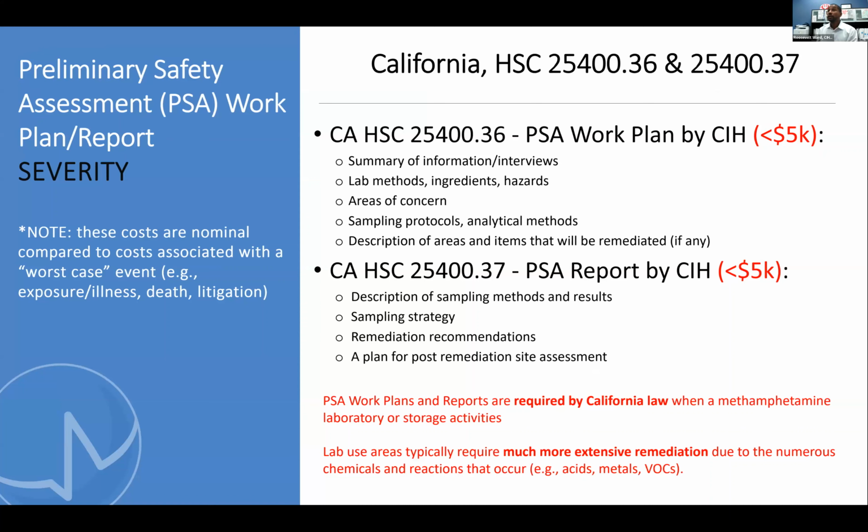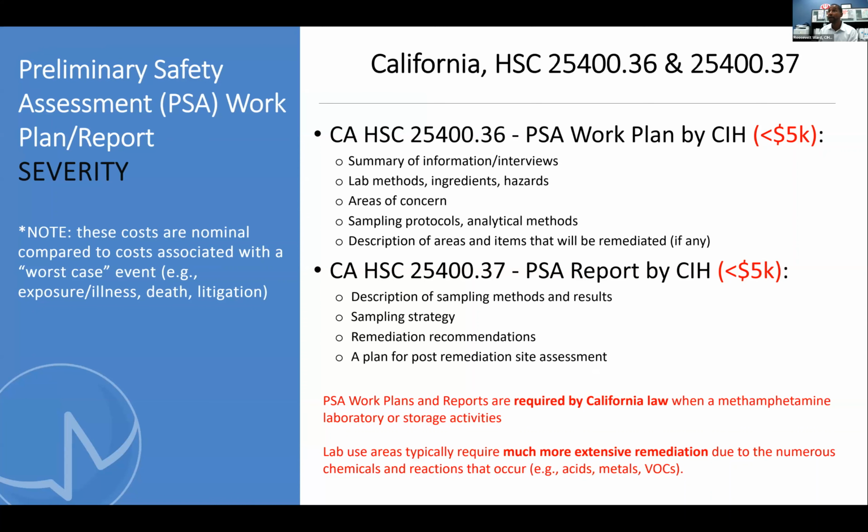So looking at a little bit more of the health and safety code here in California, which outlines specific requirements, steps to take when performing both a preliminary site assessment work plan, which we shorten to PSA, and also a PSA report. Both of these, both the plan and the report, usually run upwards of about $5,000.